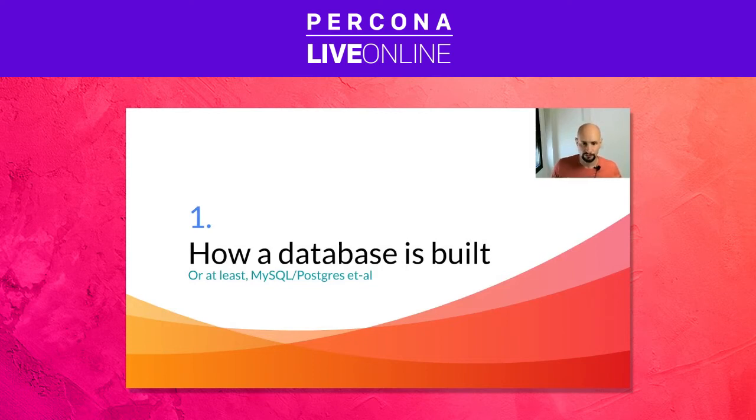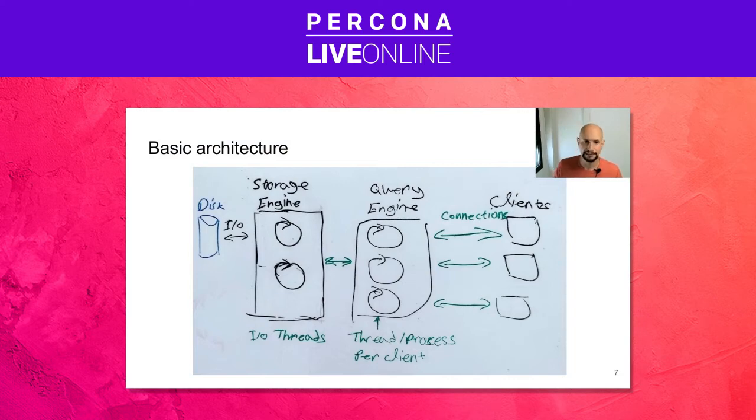So from here, let's talk about how databases have been built traditionally. We're going to go through the basic architecture of MySQL and Postgres, but most of the other databases out there are built in a very, very similar way. So this is the basic architecture of a database like MySQL.